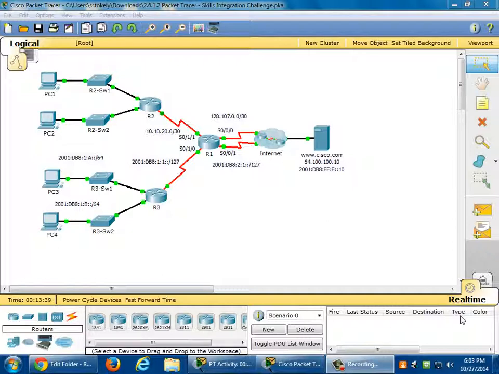IPv6 route. What did I say we were going to do? 2001:DB8:1:A::/63. Again, because now we're adding both of these, we got to go from A to C, right? Well, A to C minus 1.